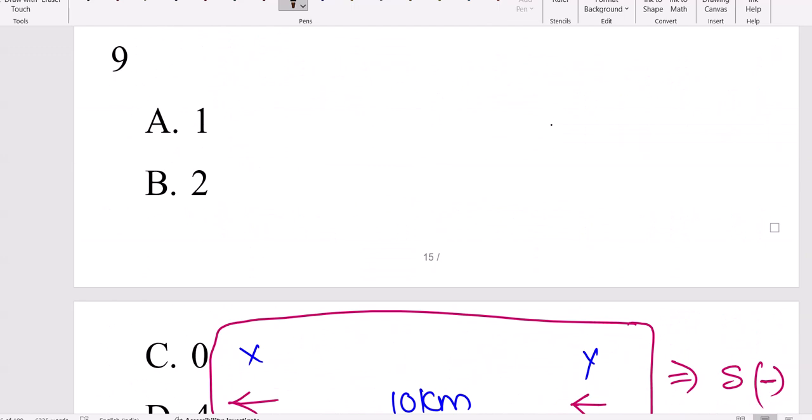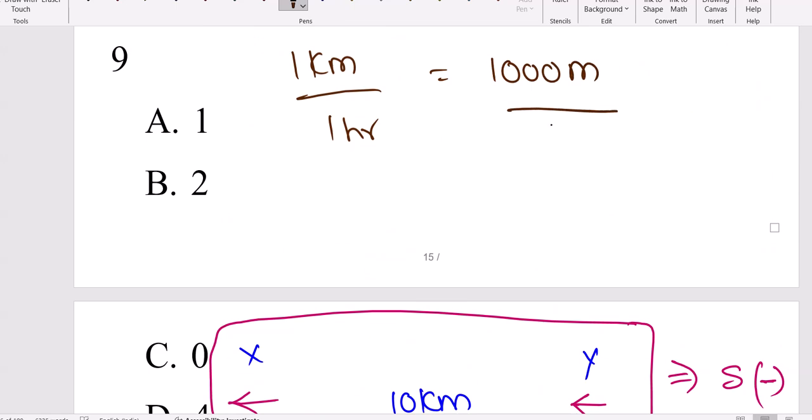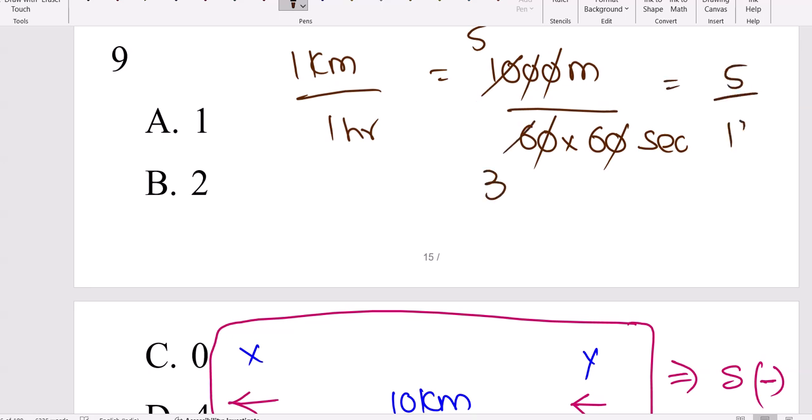Very simple again. Kilometer per hour. 1 kilometer per 1 hour. 1 kilometer can be written as 1000 meters. 1 hour is nothing but 60 minutes, and each minute is 60 seconds. This zero cancels, this zero cancels, 2 fives, 2 threes, so 5 divided by 18.